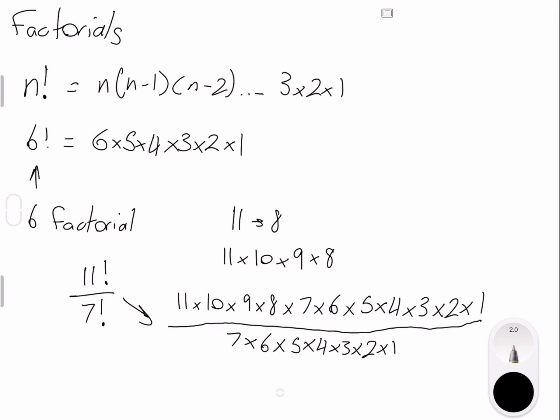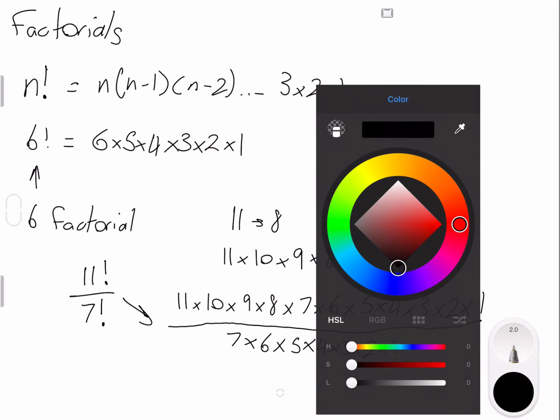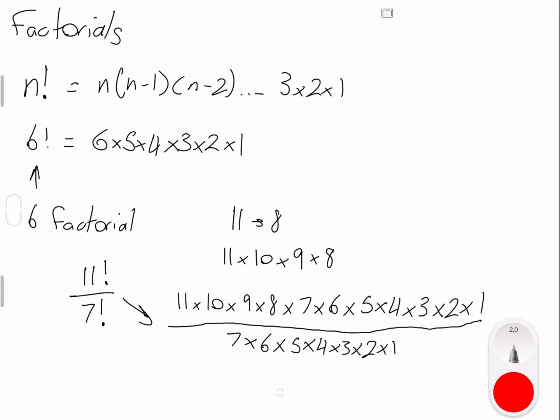What we notice is that when we're dividing by 7 factorial, we're dividing by 7 times 6 times 5, etc. Well, in this case, let's pick a different colour. The 1s are going to cancel each other out. Same with the 2s, same with the 3s, the 4s, the 5s, the 6s, and the 7s.